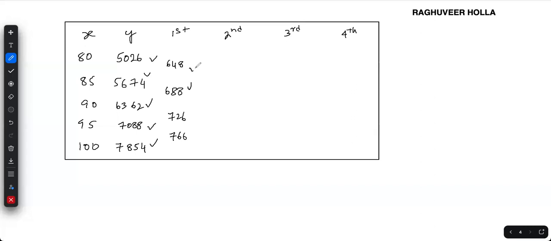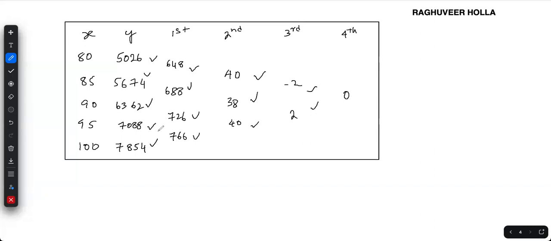Again, the difference of these, which is 40, the difference of these two, which is 38, the difference of these two, which is 40. Again, the difference of these two is minus 2. This is the difference of 40 minus 38, which is 2. Again, the difference of this, 2 minus 2, which is 2.